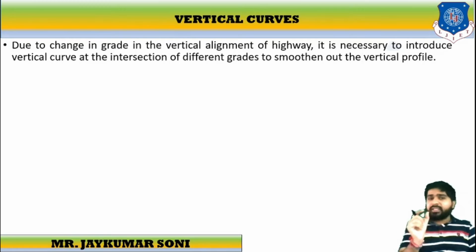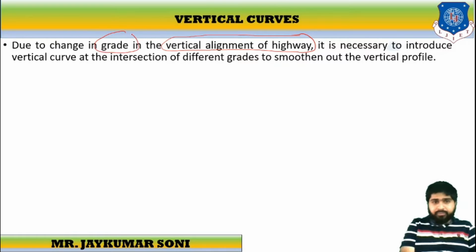Due to change in grade in the vertical alignment of the highway. See, observe the things that I am marking on the slide. Now we all know that there are two types of alignment of highway. One is horizontal alignment and another is vertical alignment.